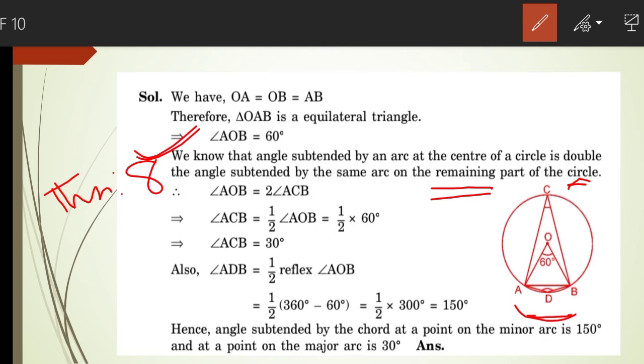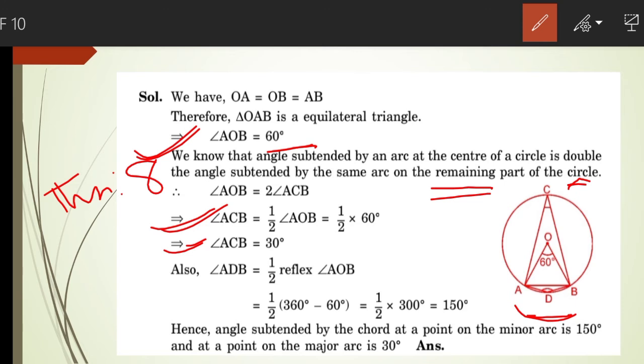So AOB is 2 times ACB. We need to find ACB. So ACB is half of angle AOB. AOB is 60, as it is an equilateral triangle. Each angle of an equilateral triangle is 60. So AOB is 60, which gives us ACB as half of 60, that means 30.